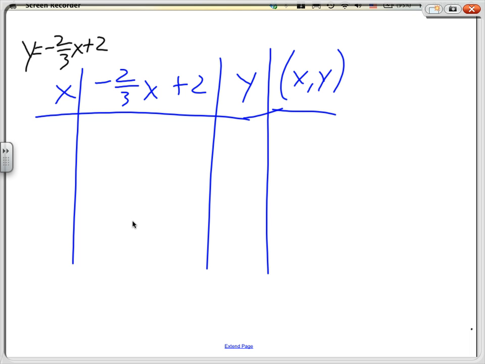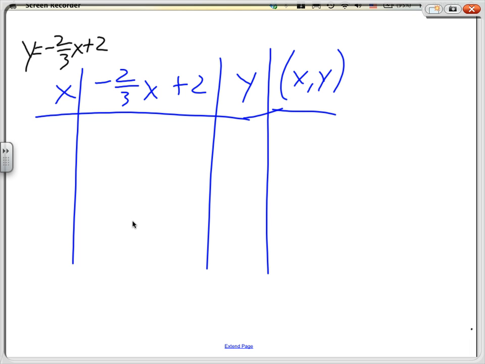When fractions are involved like this, what kind of number should you pick so that it's easier to multiply into negative 2/3? A multiple of the denominator, which is 3: 3, 6, 9. Whenever you have fractions in your table and you want to process easily, choose numbers that are multiples of your denominator.